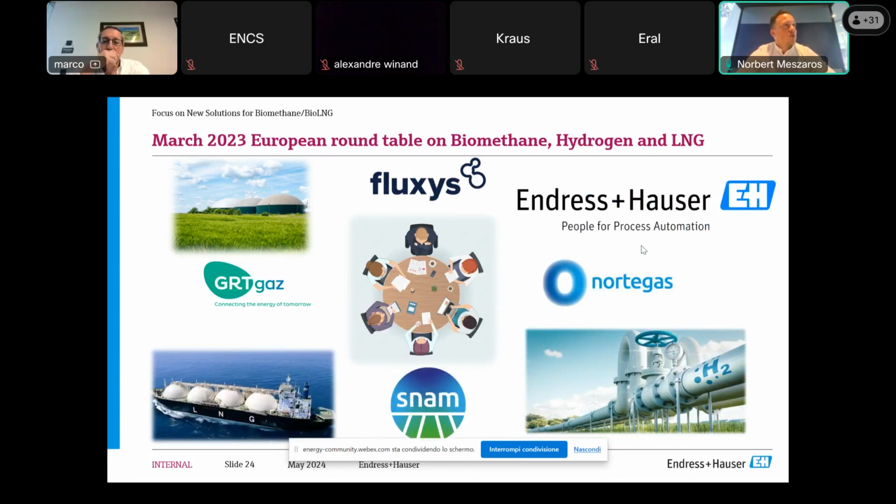which is the right scope on the side of the biomethane producer or on the DSO side. Where is the interface? How do these participants collaborate with each other? And I think this is also our responsibility as a measuring device supplier, not only selling the devices, but also ensuring that they will be working fine.